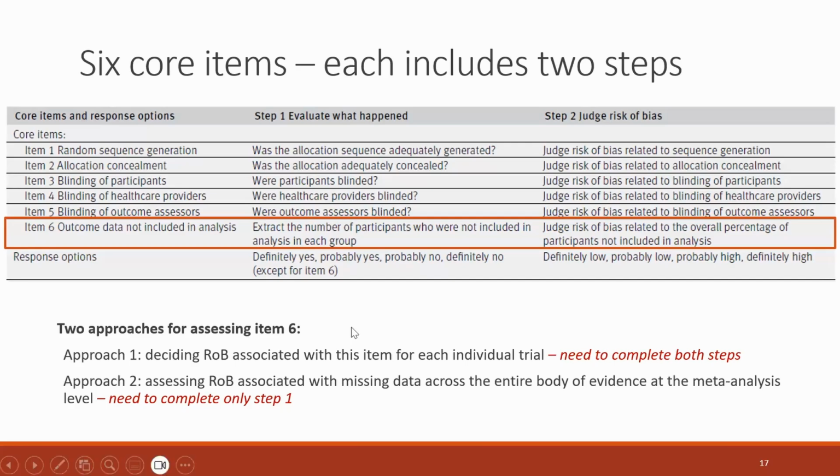Or you could take this approach where you basically look at all the missing outcome data in all of the meta-analysis, and once conduct a complete case analysis, and then you conduct an analysis using, for example, multiple imputation, and you can then also assess whether this makes a larger difference. And for this approach, only step 1 is actually necessary.